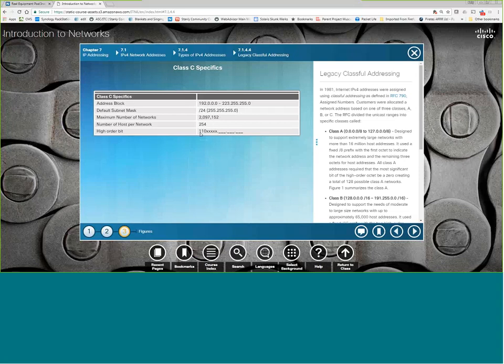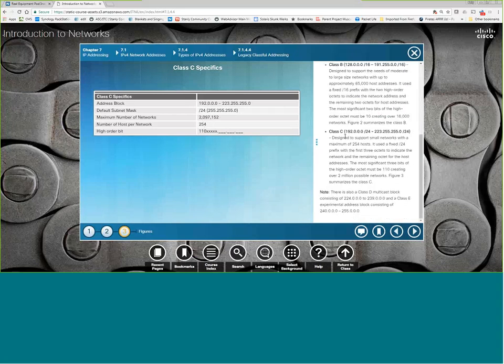It's the first 3 high order bit positions, and it's 2 million networks of roughly 254 usable hosts. We then have class D, which is 224 to 239, that's for multicast. And then we have 240 through 255, which is class E, which is experimental and is reserved for testing. So we lost a bunch of addresses there too because of the way that they reserved addresses.